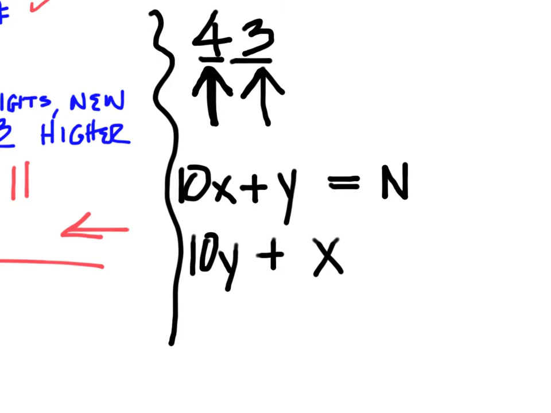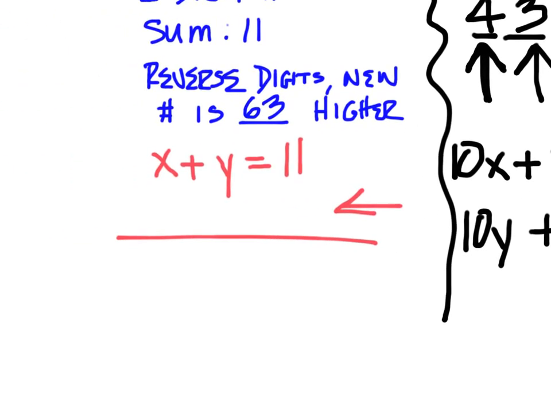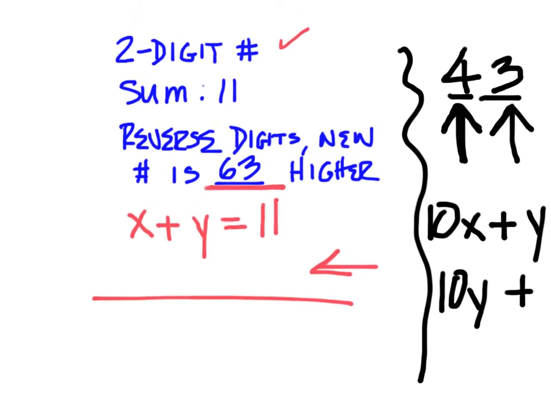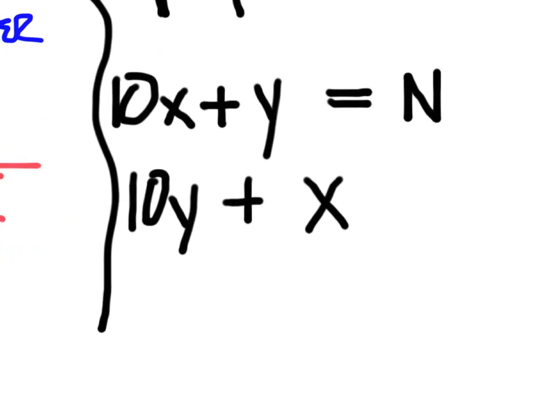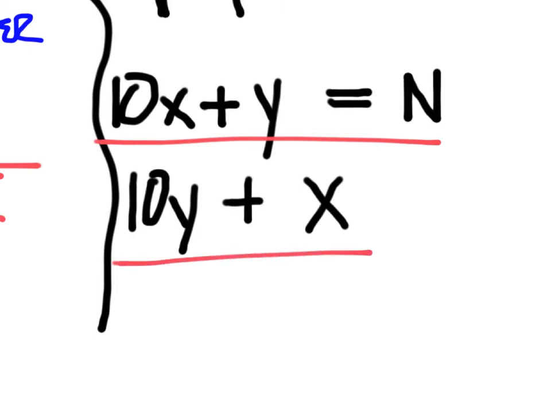But in this case, from this problem over here, the new number is 63 higher than the old one. So over here is the original number, 10x plus y. That's the exact value of the number. But over here, when you reverse it, you have 10y plus x.